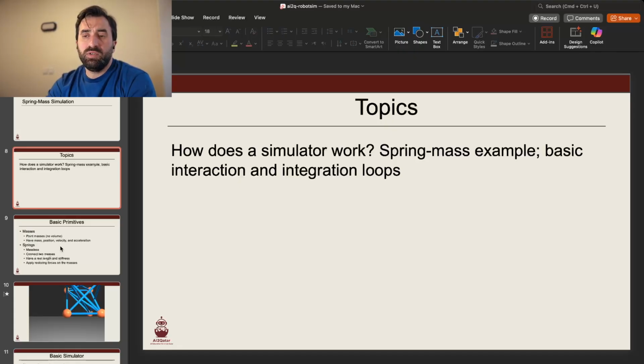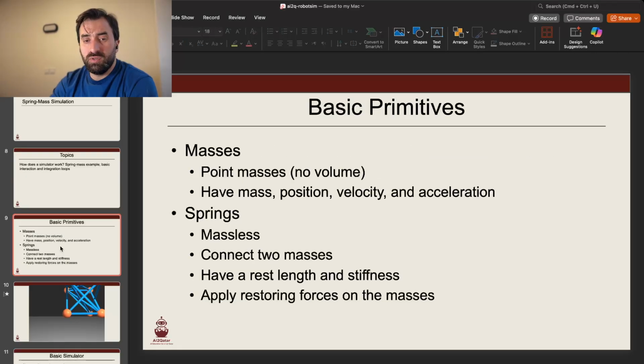So basically, a spring mass is a set of basic interaction and integration loops. You have some point masses which do not have any volume. These point masses have mass, position, velocity, and acceleration.